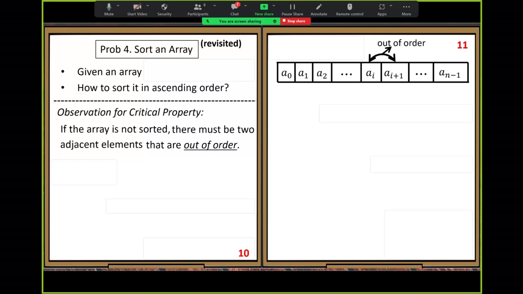Then, by the transitivity property, the whole array must be in order. Then our assumption is incorrect; our assumption was that the whole array is not sorted. So if we use this contrapositive argument, we can see this property. This is a critical property.